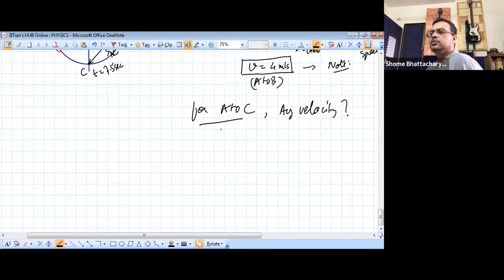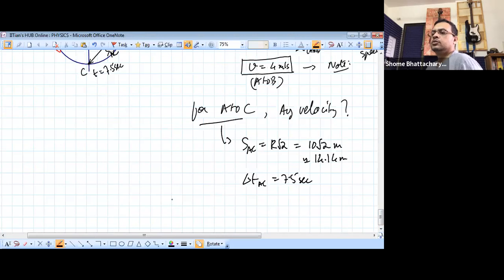So for A to C, the displacement is R root 2, 10 root 2 meters, or approximately 14.14 meters, and the time is 7.5 seconds.